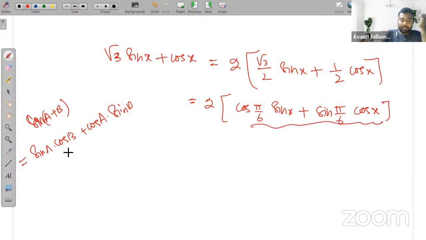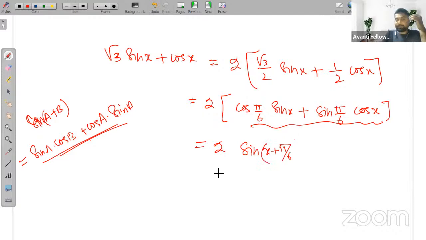Is this expression in this format? Yes. So can we write sin of x plus pi by 6? Yes.